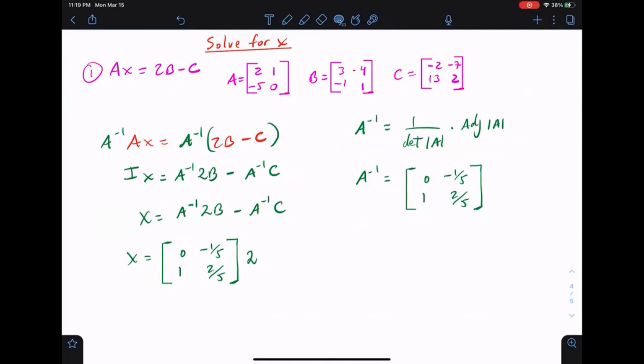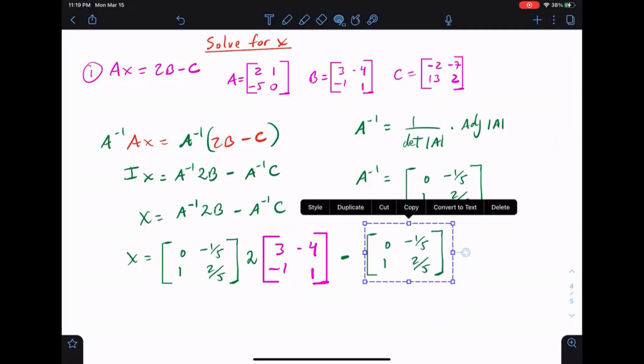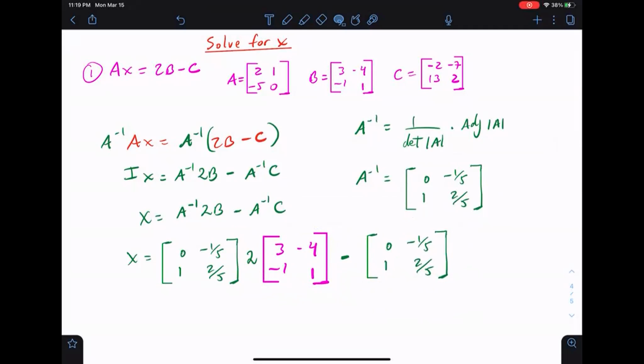This guy. Copy, paste. Let me make it a little smaller. And then this is minus whatever the other thing is. So you copy this again, you get this, and then you multiply that by C. And you have that C here.